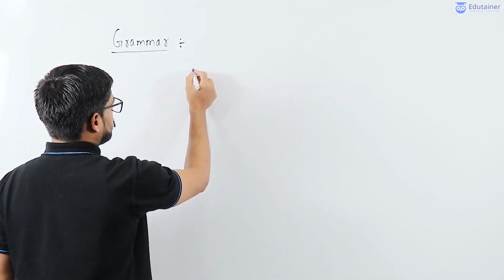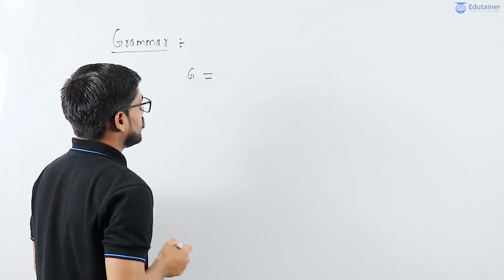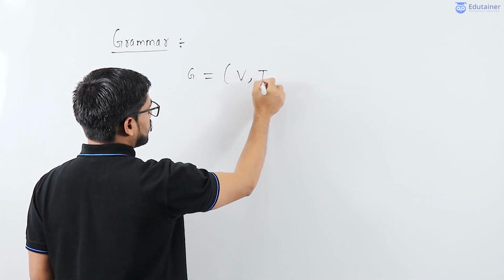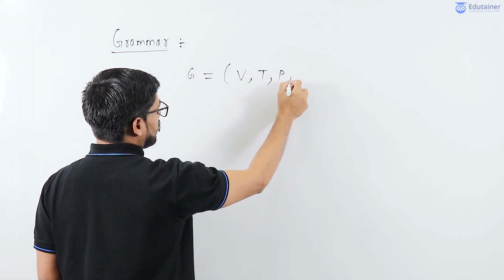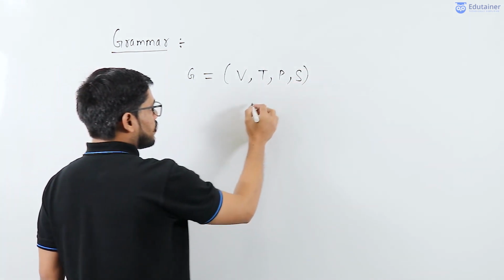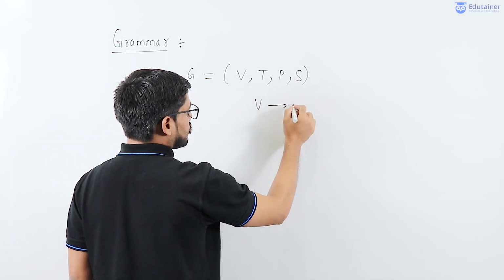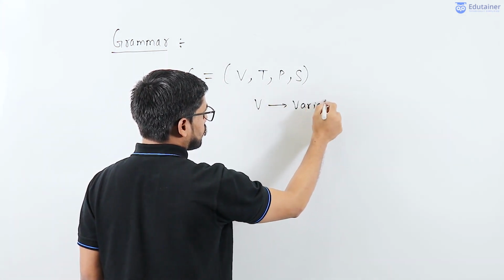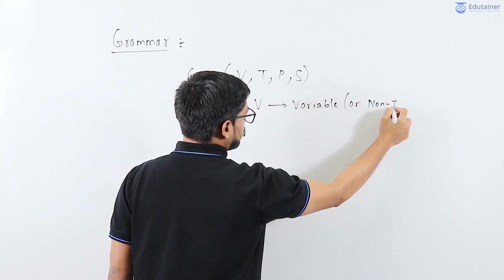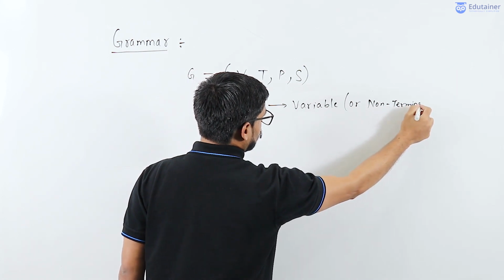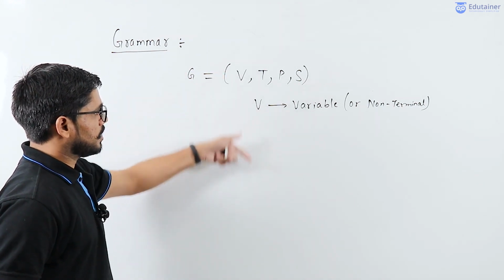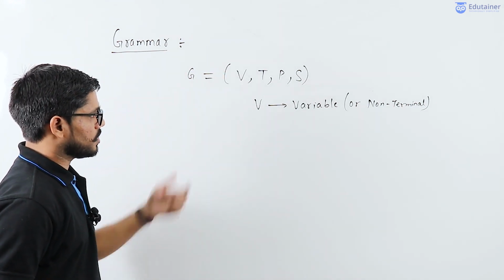So what is grammar? Grammar is the combination of four terms: capital V, capital T, capital P and capital S, where capital V denotes variable or non-terminal. I will tell you shortly what these symbols are basically used for in a grammar.